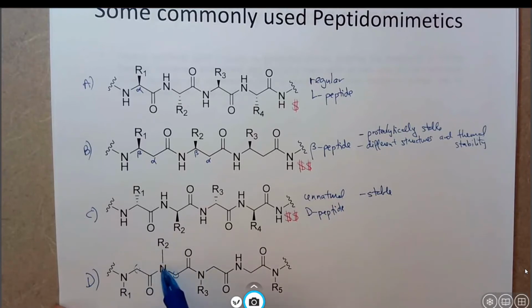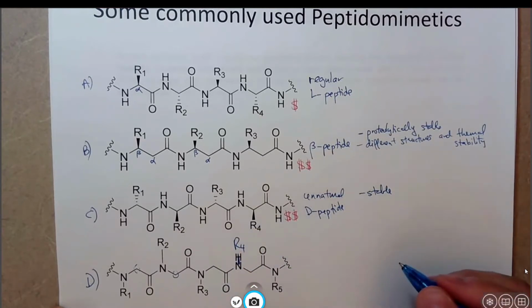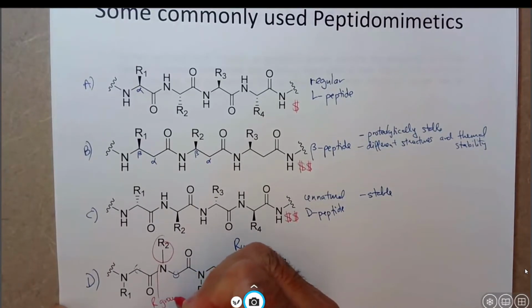So you have R1, R2, R3, R4, R5, etc. We could put R4 here, or it could be just a hydrogen like lysine. So please note that the R groups are on the nitrogen.